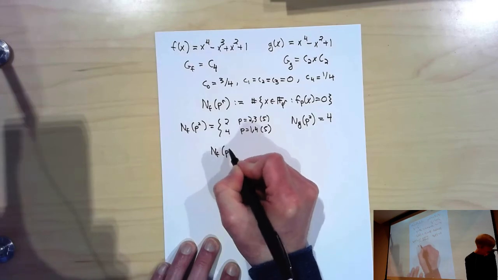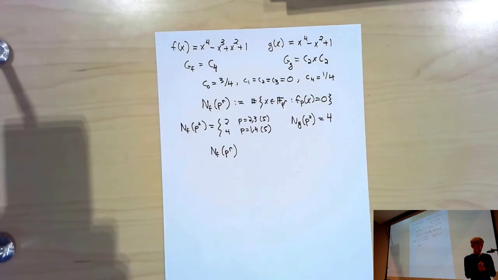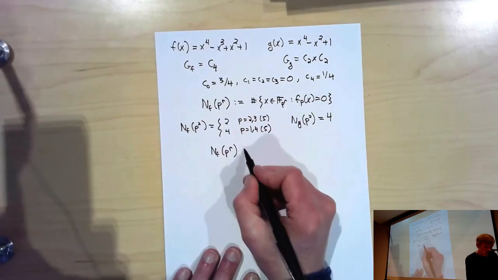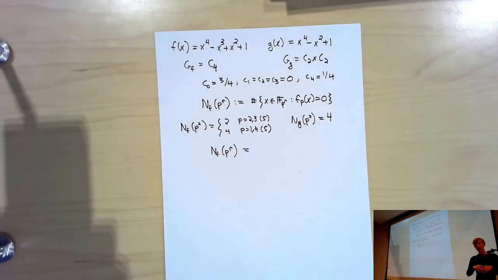And in general, how would we compute that count in terms of our Artin representation? Remember, our Artin representation tells us the action of Frobenius when we're counting the number of fixed points over F_p. But if we want to count the number of fixed points over F_{p^2}, we want to apply the p^2 power of Frobenius, or in other words take the square of our matrix.